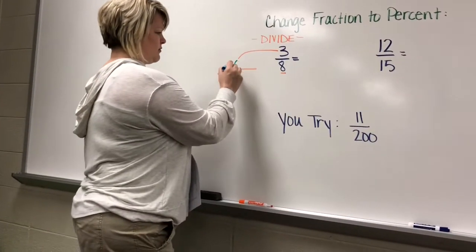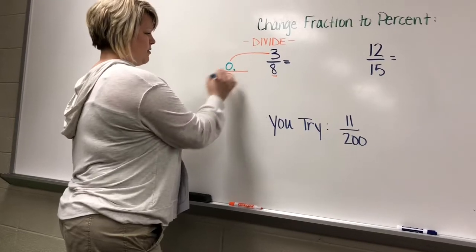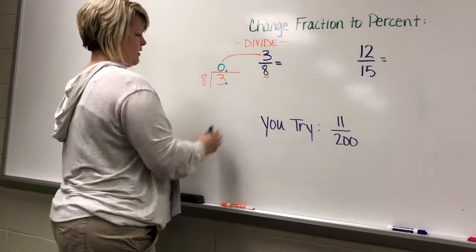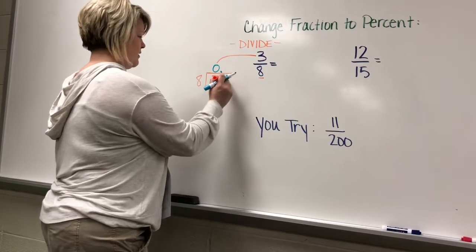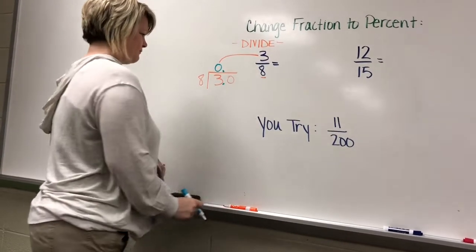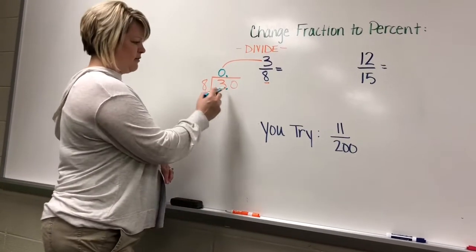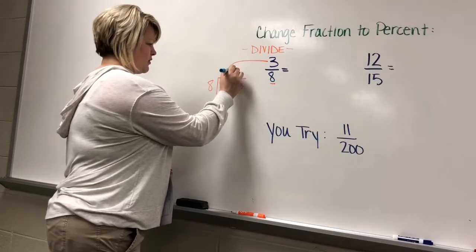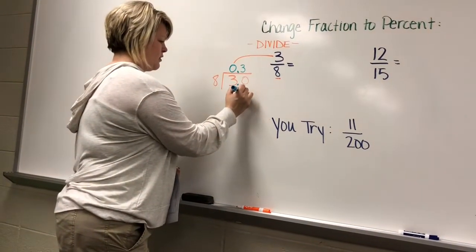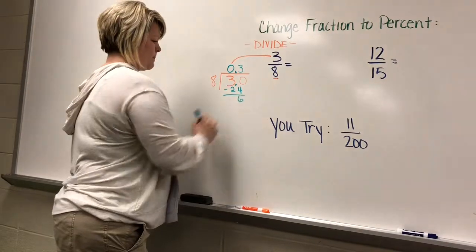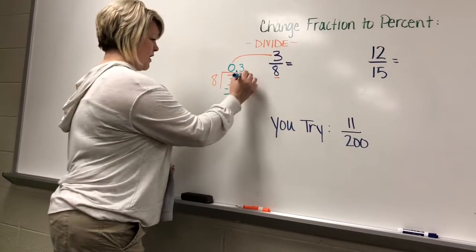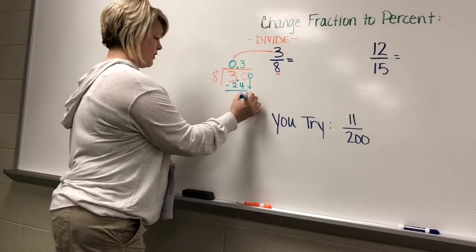8 cannot go into 3, so it's a 0. I put my decimal there, I put it there, and then I add a 0. So now I have, does 8 go into 30? It can go into 30 3 times, which is 24. That's 6. I'm going to add an extra 0 here, bring it down.